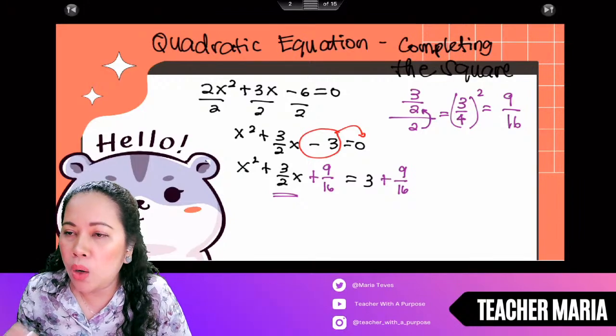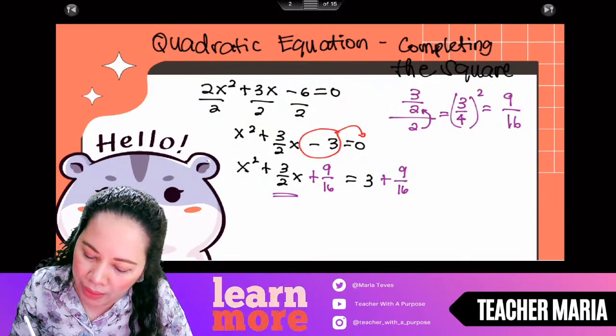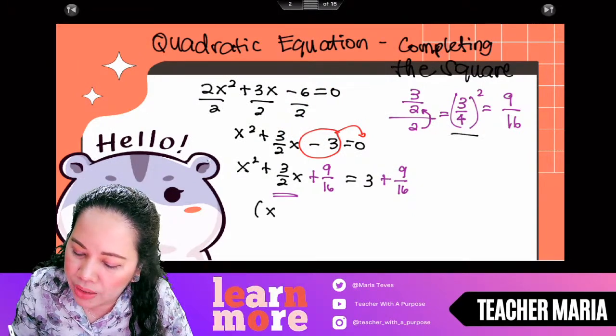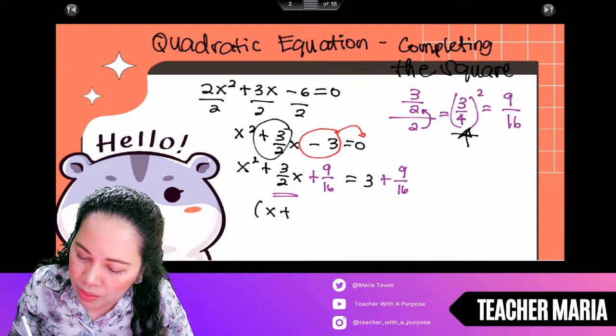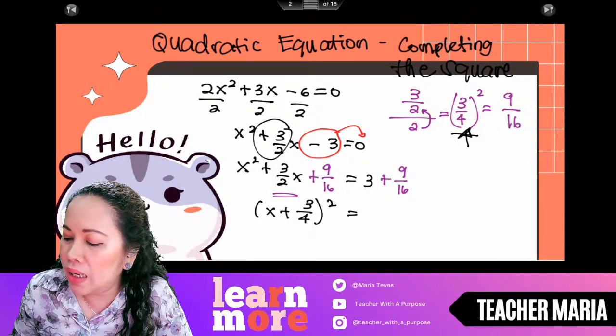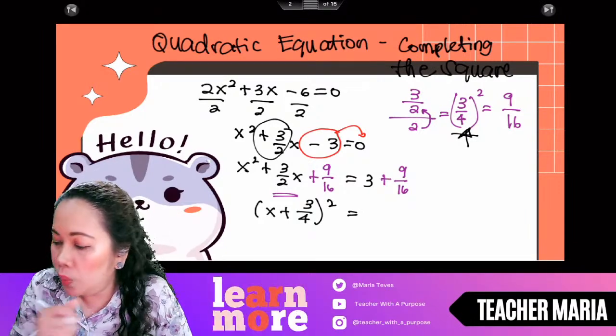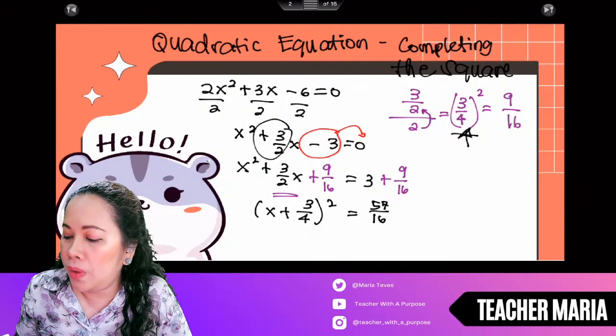Once you have done that, then you can factor it out. You'll have x plus 3 over 4 squared equals, then you add 9 plus 9 over 16, which will give you 57 over 16.